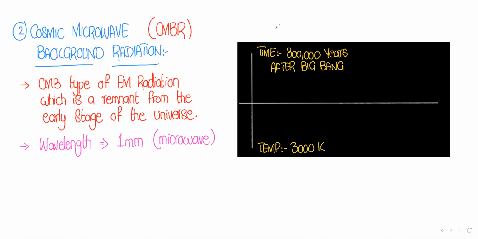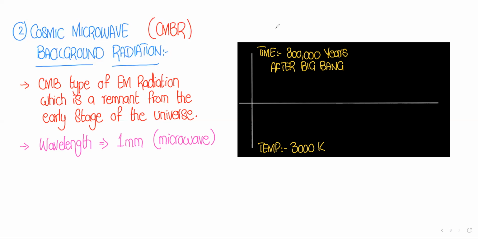We studied that the universe has been expanding for 14 billion years since the Big Bang, and the current time in which we are living is about 14 billion years after the Big Bang. So what was the wavelength of the radiation after 300,000 years, and what is the wavelength now, after 14 billion years?